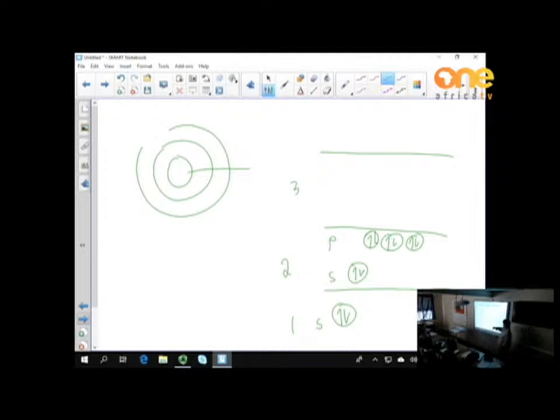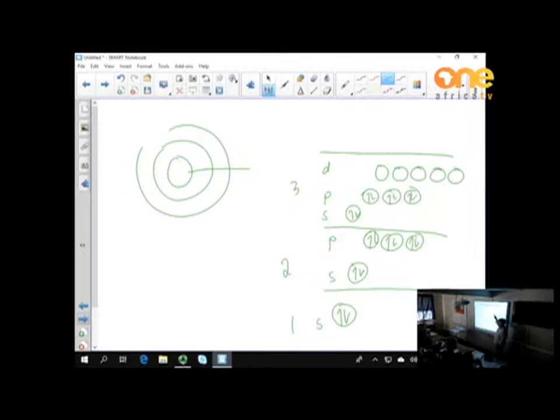Then we said the third energy level has an S, 3 Ps, and 5 D sublevels. So it's S, P, D. And once again, the electrons just carry on. It first goes there and there, then it will pair off.